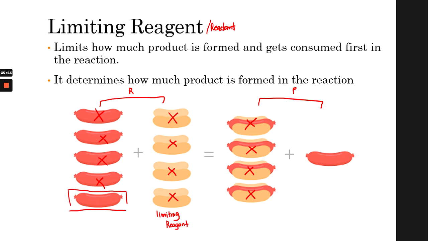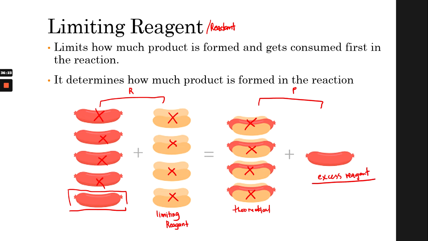na isa pang reactant. This reactant will not produce any more product because it's missing the other part that it needs to react with. So magiging product mo in the end is your theoretical, this is what we call our theoretical amount, and this is what we call the excess reagent.